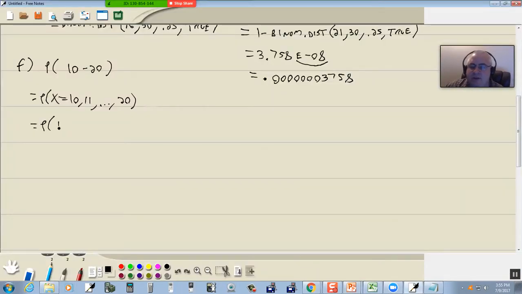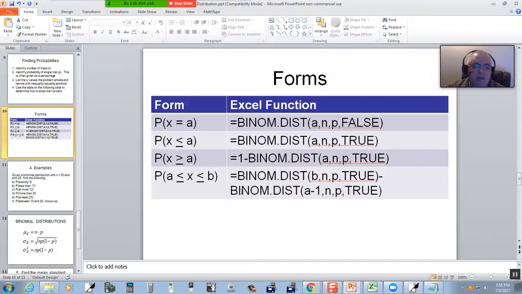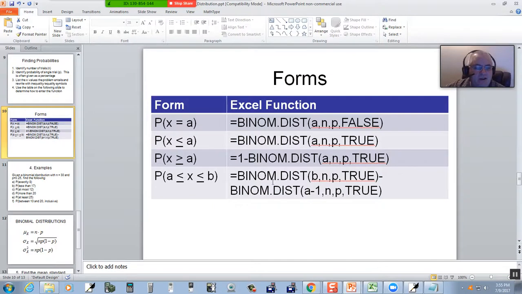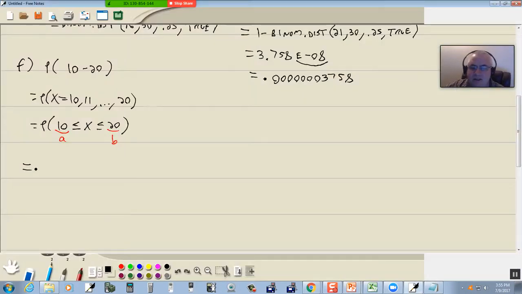So we're going to have probability that 10 is less than or equal to x is less than or equal to 20. Now from our formula over here, a and b, this would be a and this would be b.